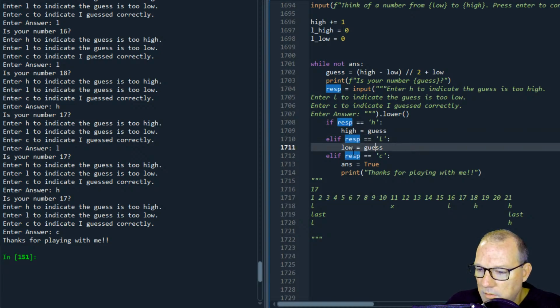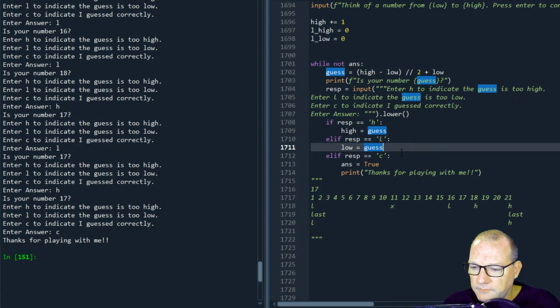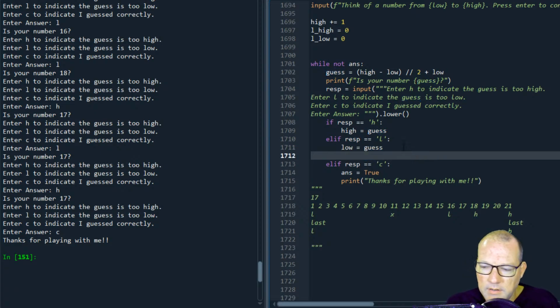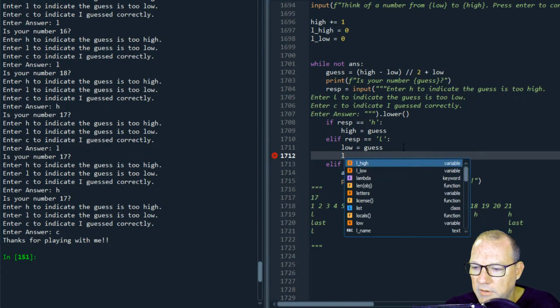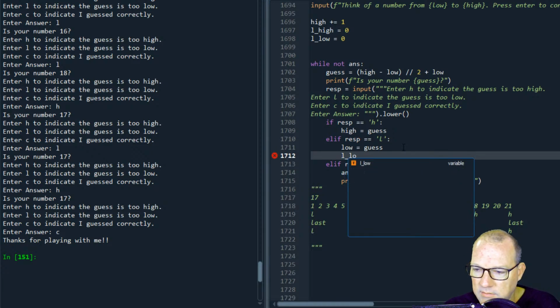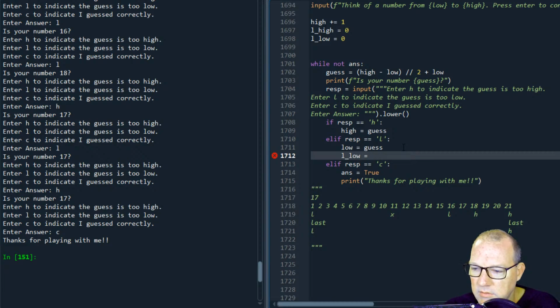The low becomes the new guess. But then also, last low equals, then we need to figure out where we are going to be testing this. Then low becomes, and again, this is all going to be order of operations.